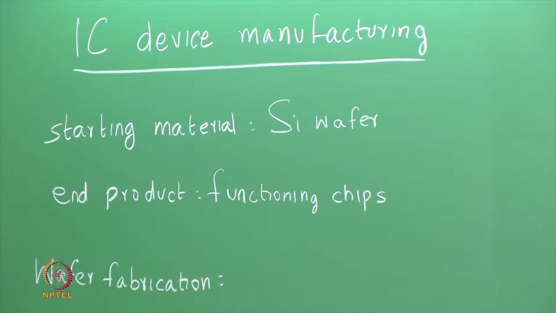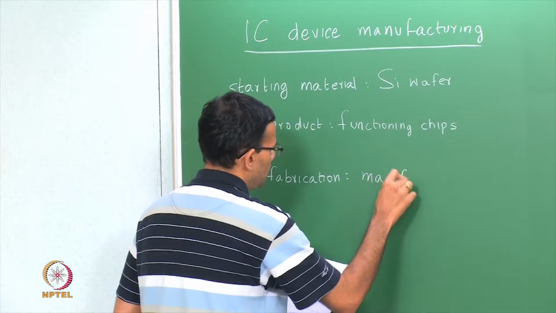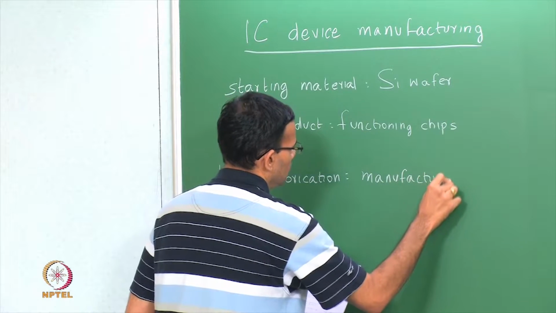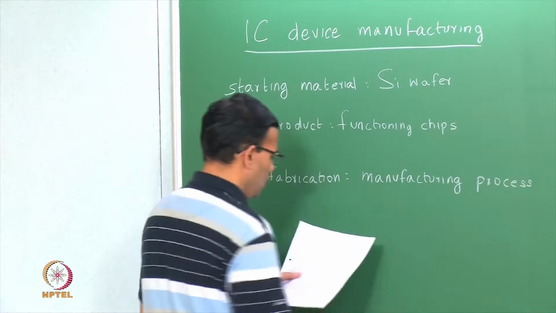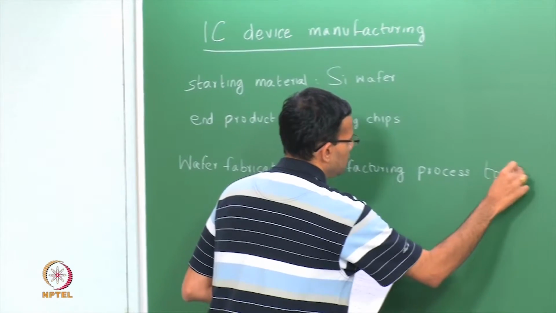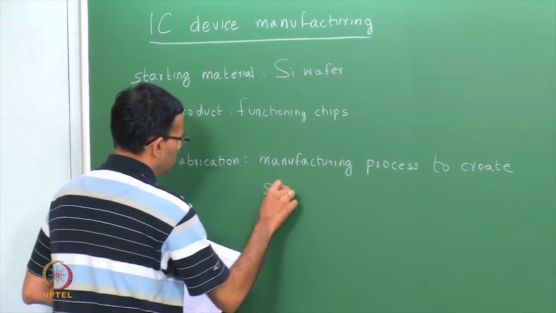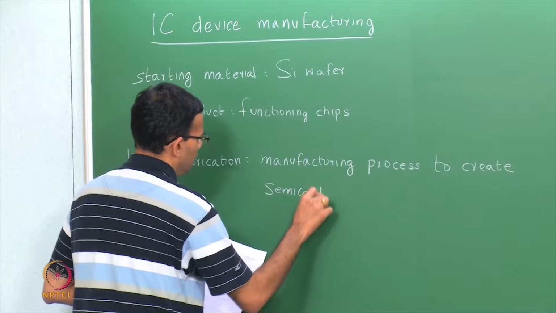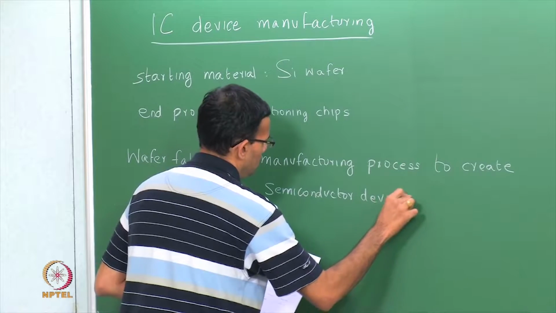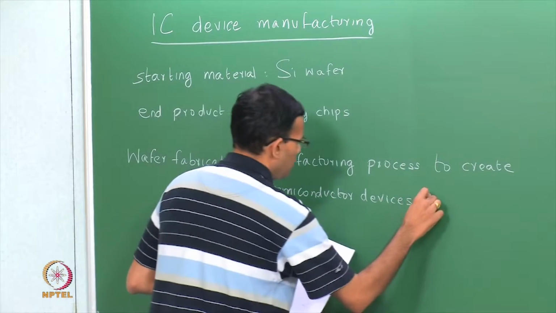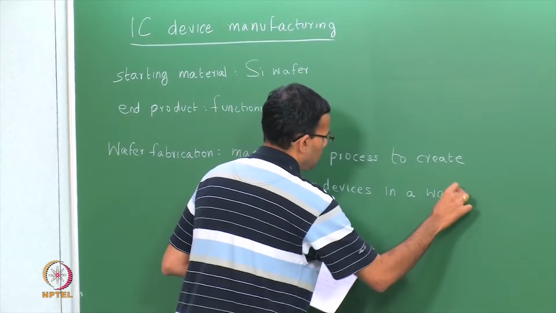So, we can define wafer fabrication as a manufacturing process to create semiconductor devices in a wafer surface or in a wafer.